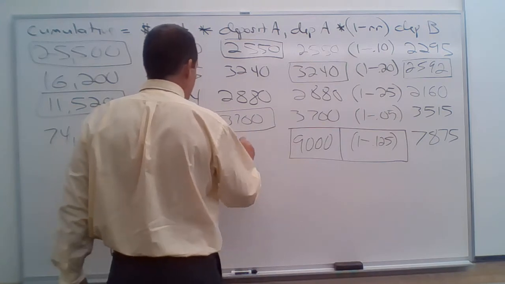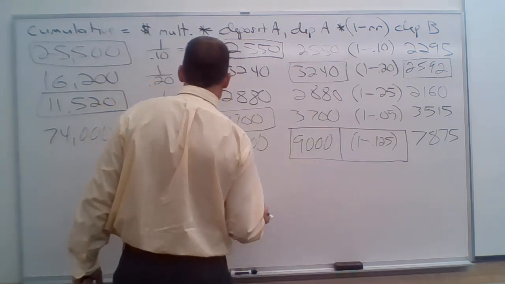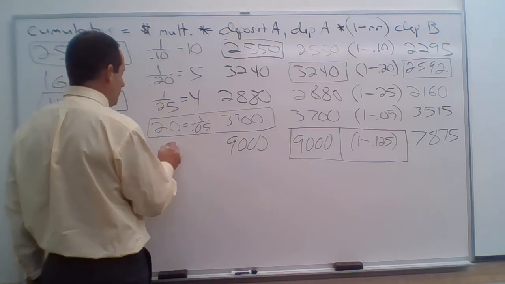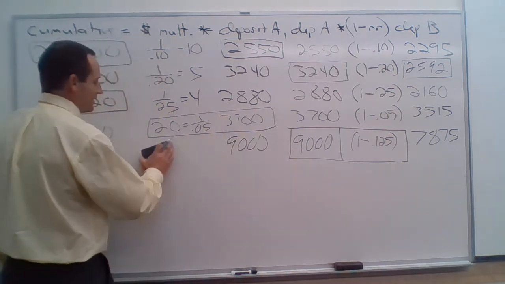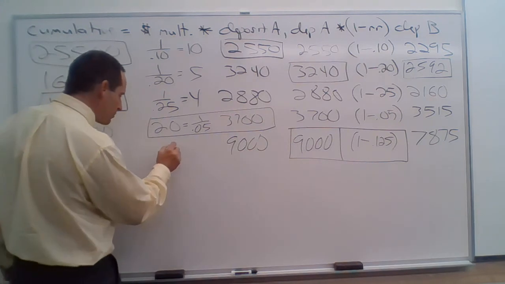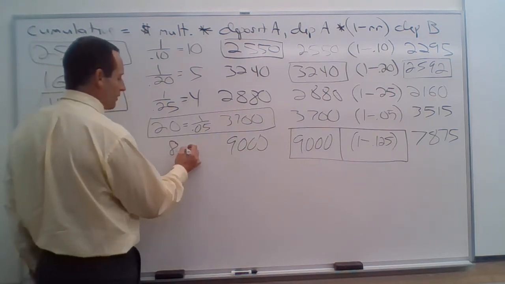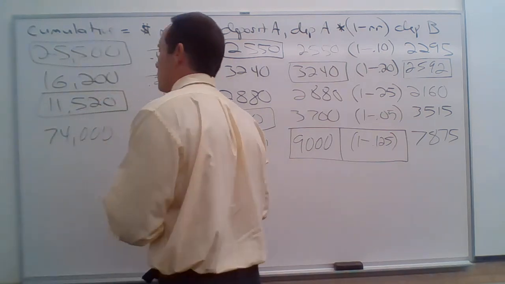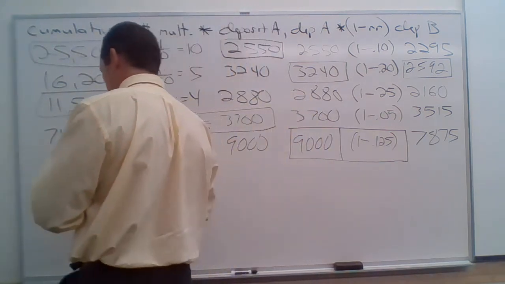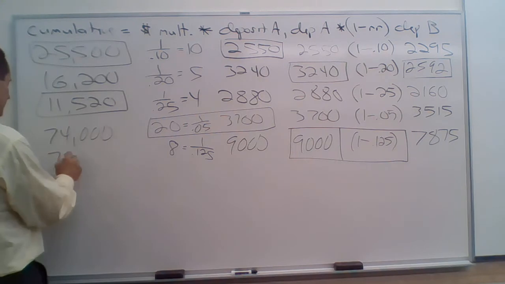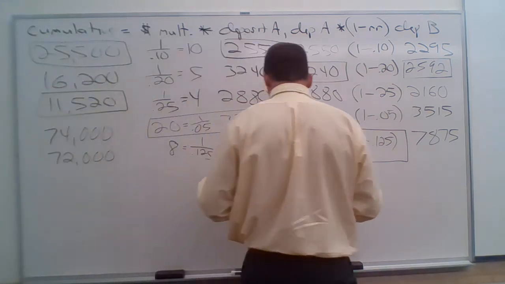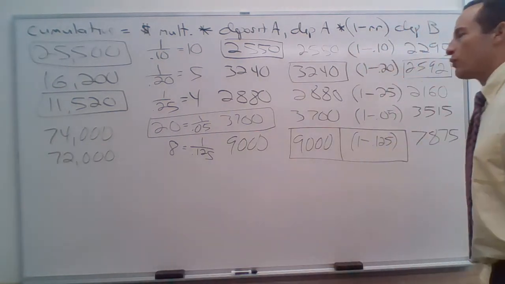We plug in this 9,000 again. So if that's an eighth, then the multiplier is 8. If 12.5% is an eighth, the multiplier is 8. And as you know, 8 times 9 is 72. So $72,000 is the amount of money that the banking system increases by.